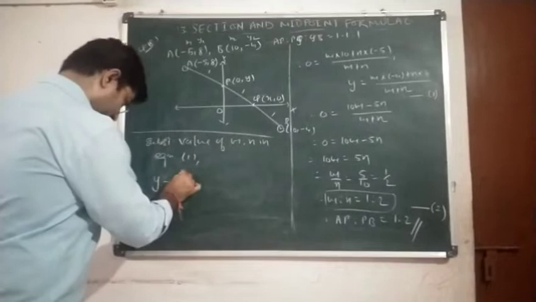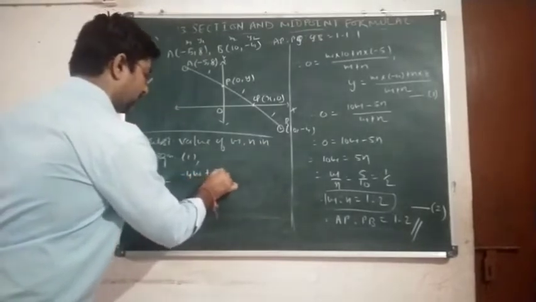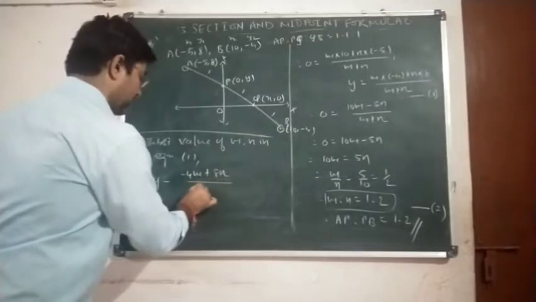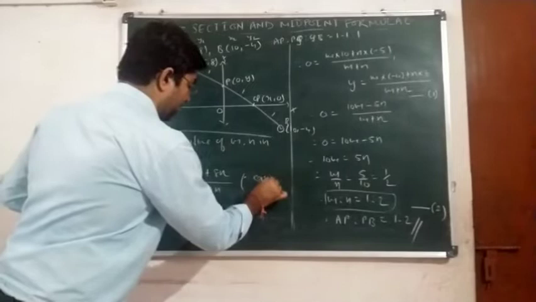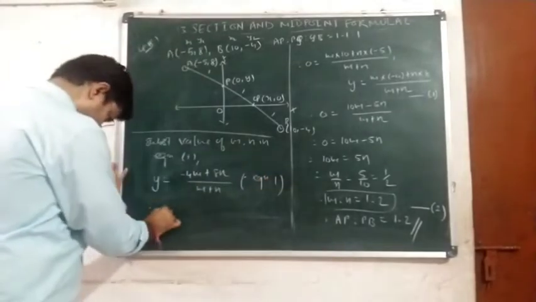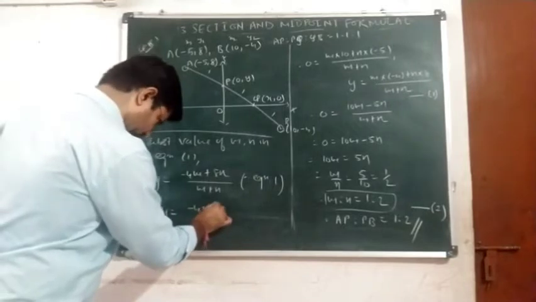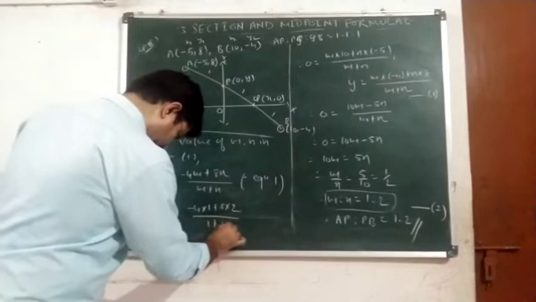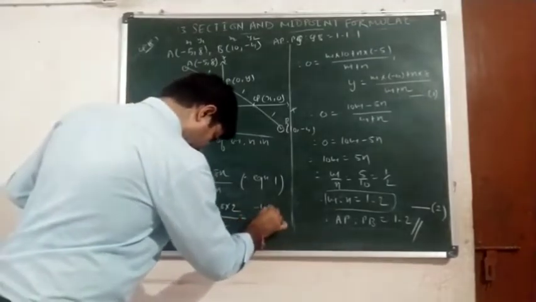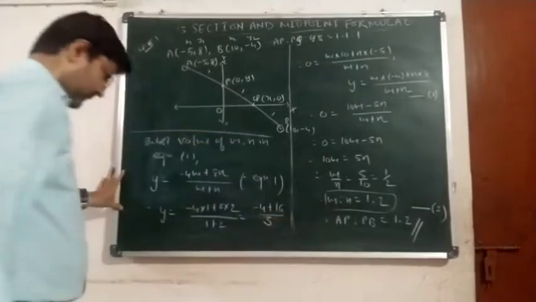Therefore y is equal to (minus 4m plus 8n) upon (m plus n). This is equation 1, and therefore y is equal to (minus 4 into 1 plus 8 into 2) upon (1 plus 2), which is equal to (minus 4 plus 16) upon 3.